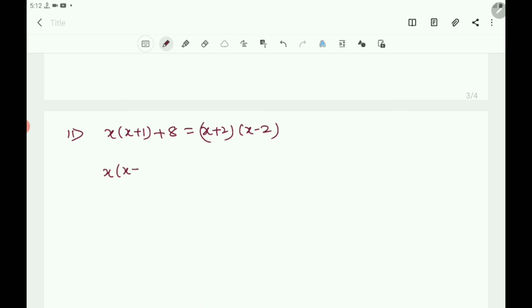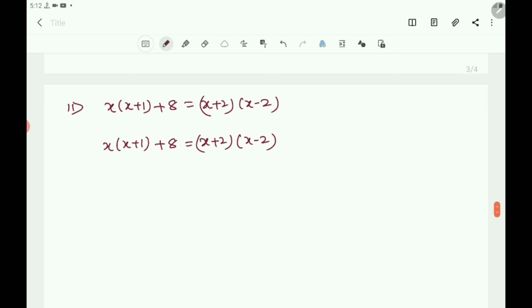Then you find the product of x and x plus 1. x into x is x square, plus x into 1 is 1x, and you write plus 8 as it is.